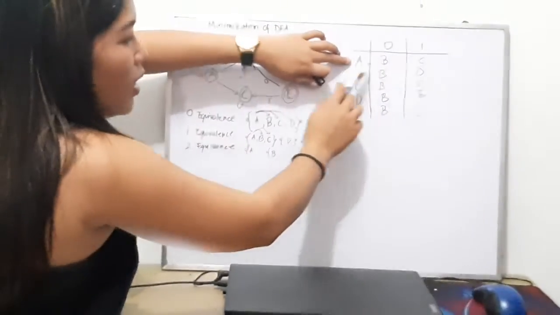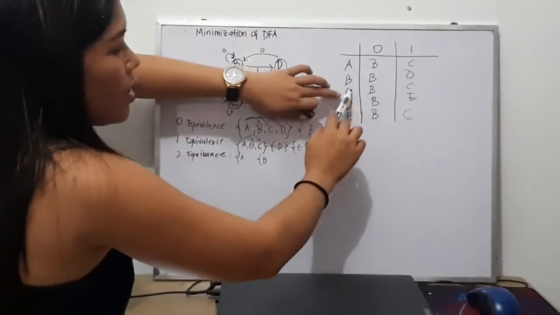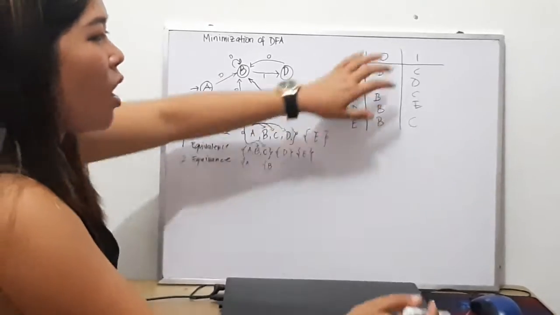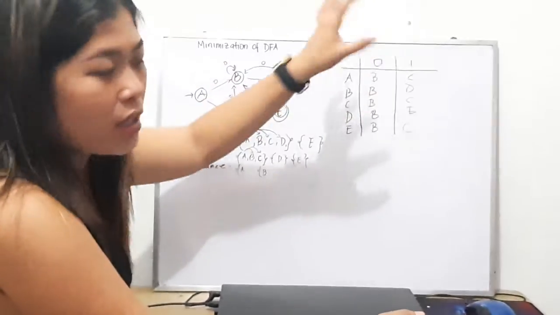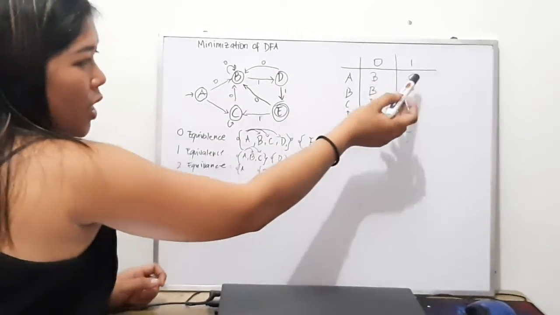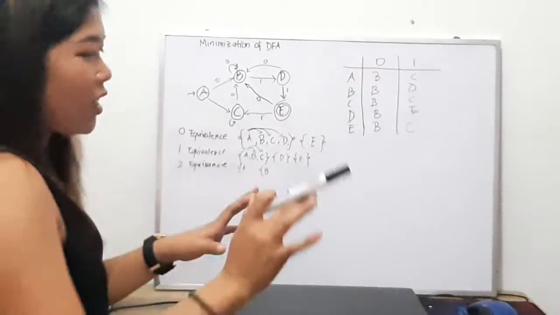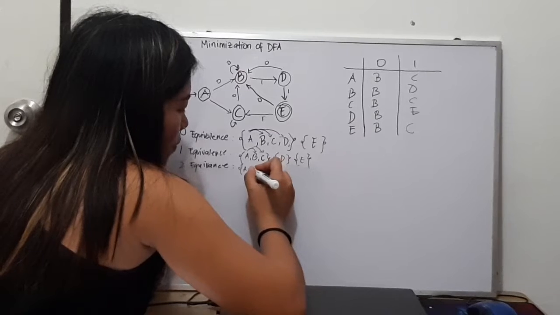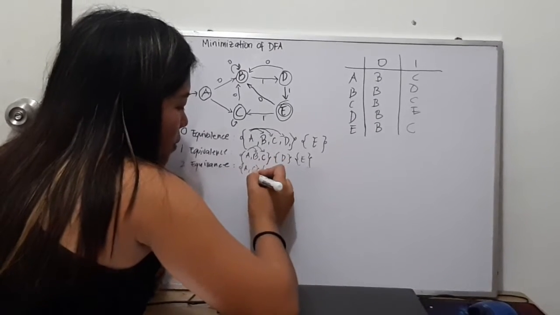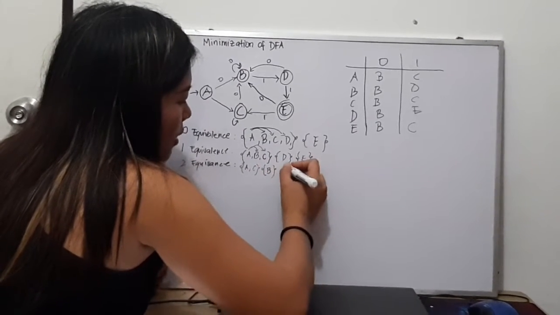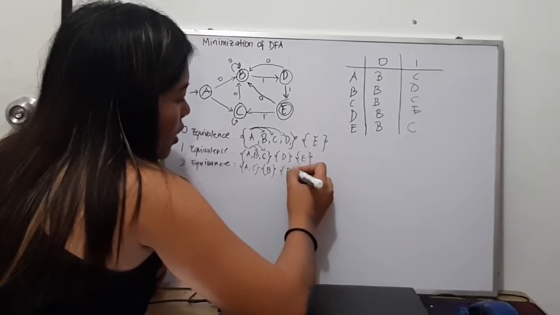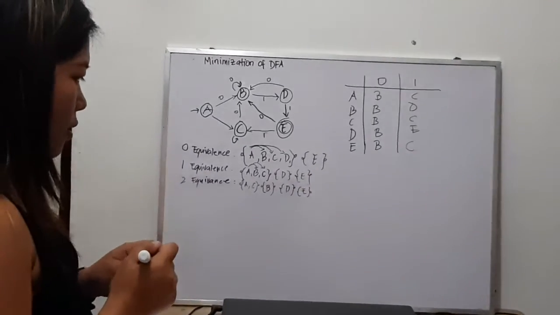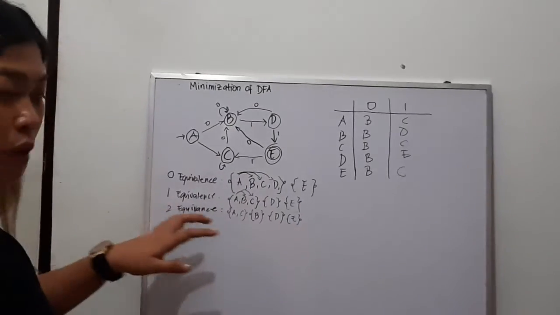A given input 1 goes to C, and C given input 1 goes to C. So it is the same, we don't have to check further. A and C fall into the same set. Then I will close the set and bring down D and E as they are. So we are done now with the two equivalents.